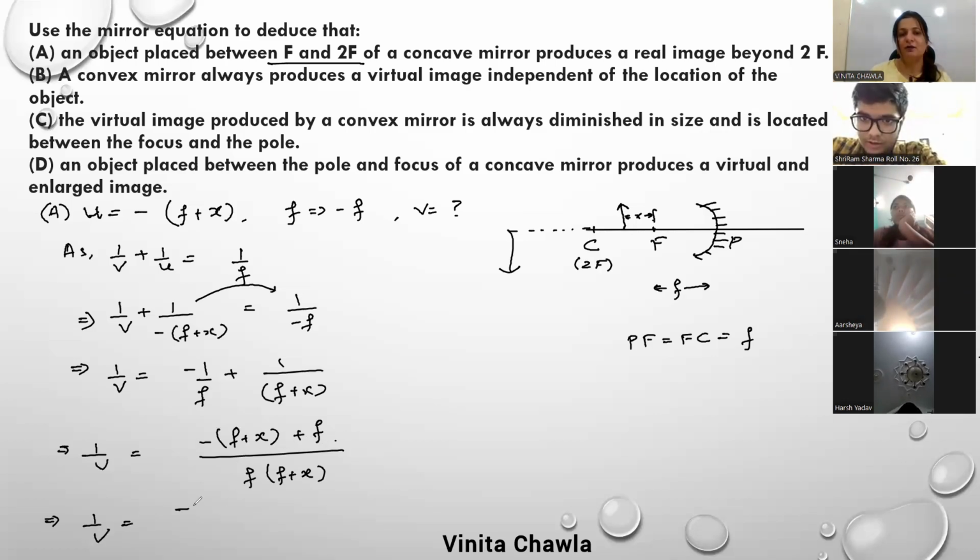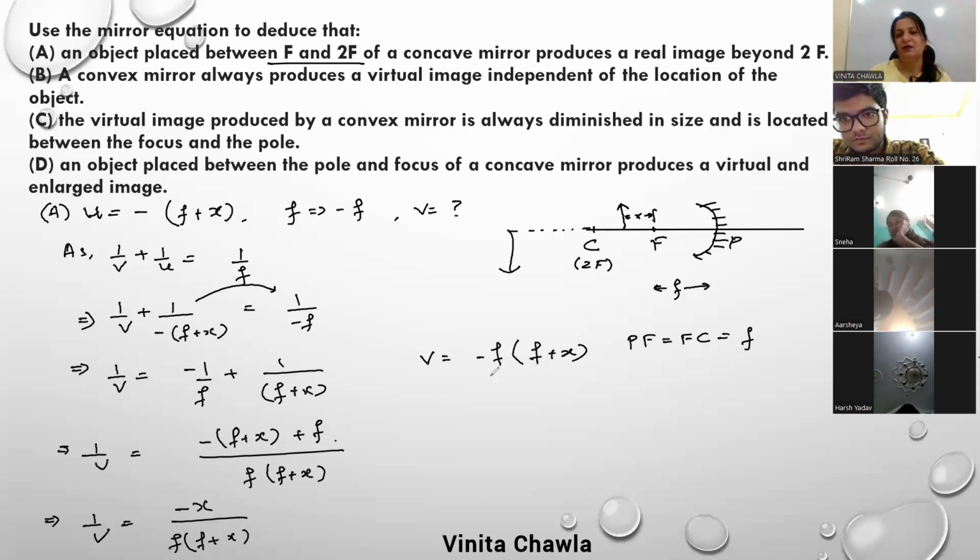F cancels, and you'll get minus x in the numerator, over f into f plus x. Now because it is 1 upon v, by taking the reciprocal we can write v as minus f into (f plus x) divided by x, or we can write this as minus f in the bracket, f by x plus 1.